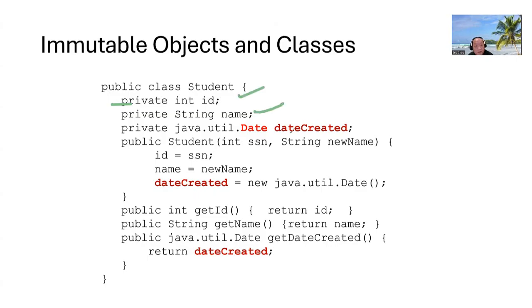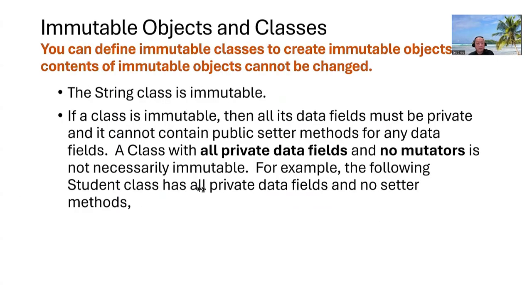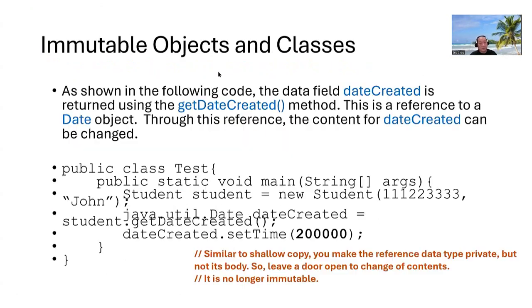But this one, even though you have a private data field, is not good, because you create a reference type, and this reference type is returned by the public method, so the date can be updated. So three rules you need to remember: all private data fields, no setters. That would be an immutable object, and String is one of them.